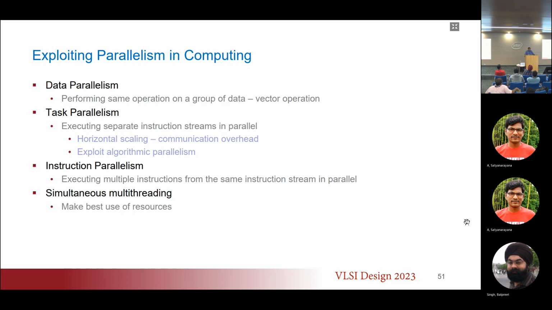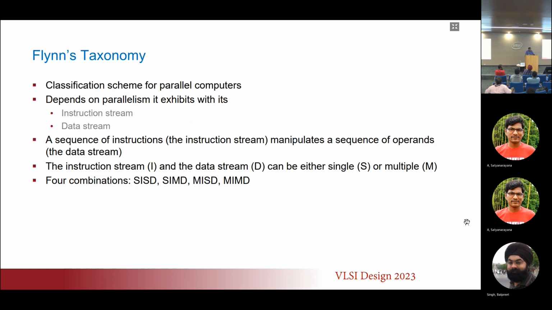And we can also exploit algorithmic parallelism, which is also what people try to do. We can also try instruction parallelism, executing multiple instructions in parallel. And of course, we can do SMT, simultaneous multi-threading. These are opportunities that exist for parallelization, and they exist without going into hardware accelerators. So let's just try to see how far we can go with parallelism.